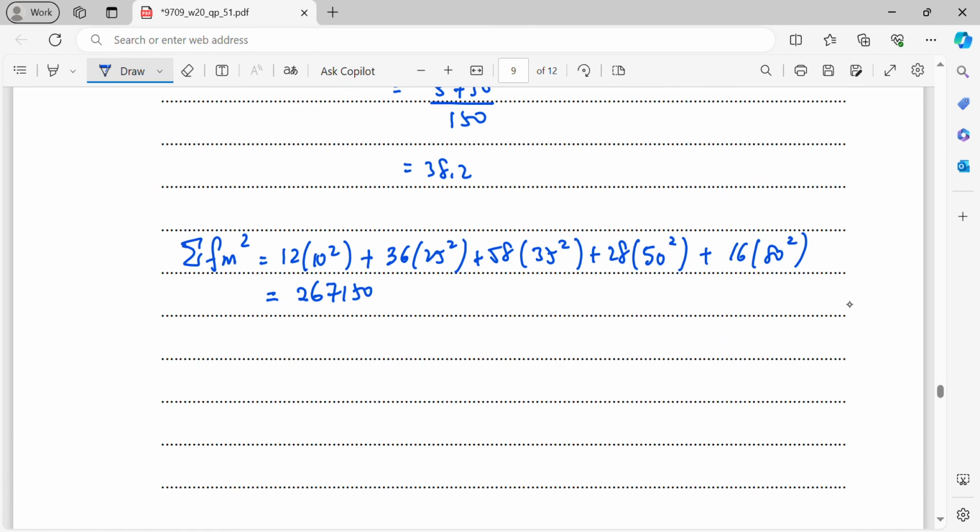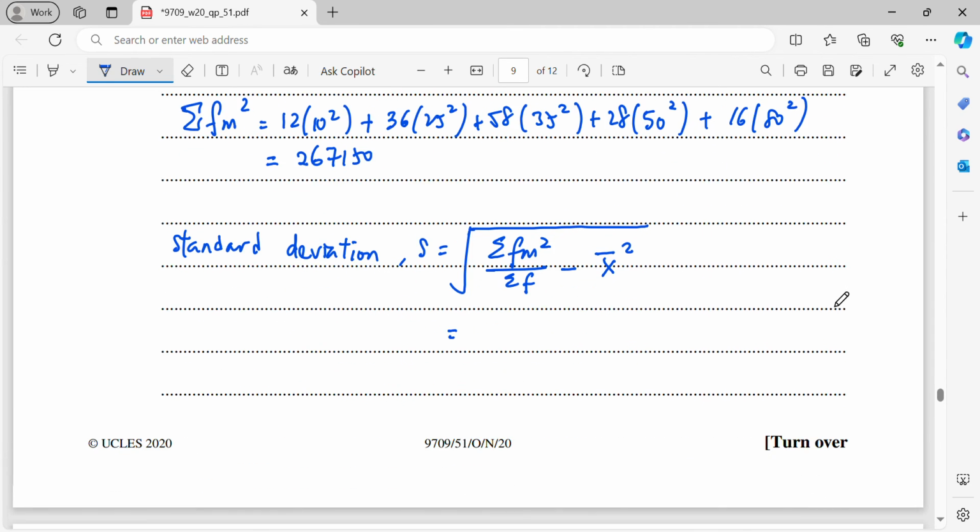Now standard deviation, which is S equals the square root of summation fm squared over summation f, minus the mean squared that we have just found.